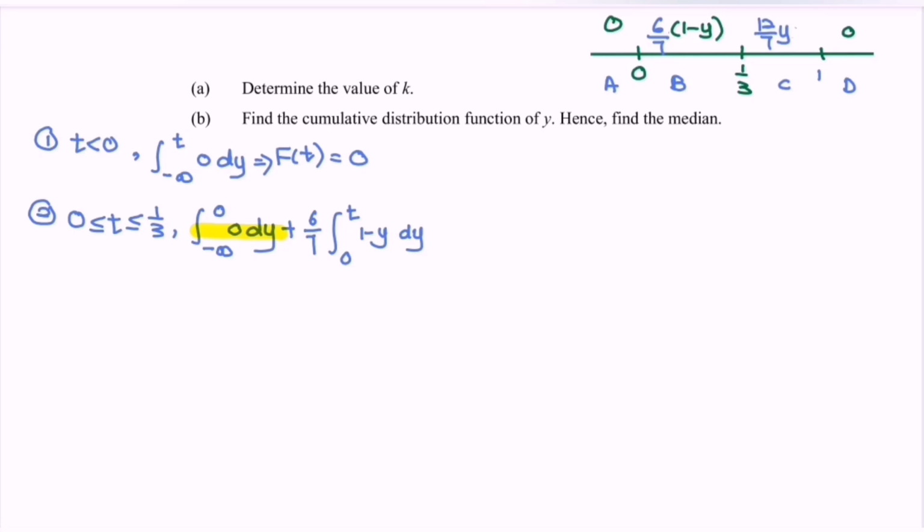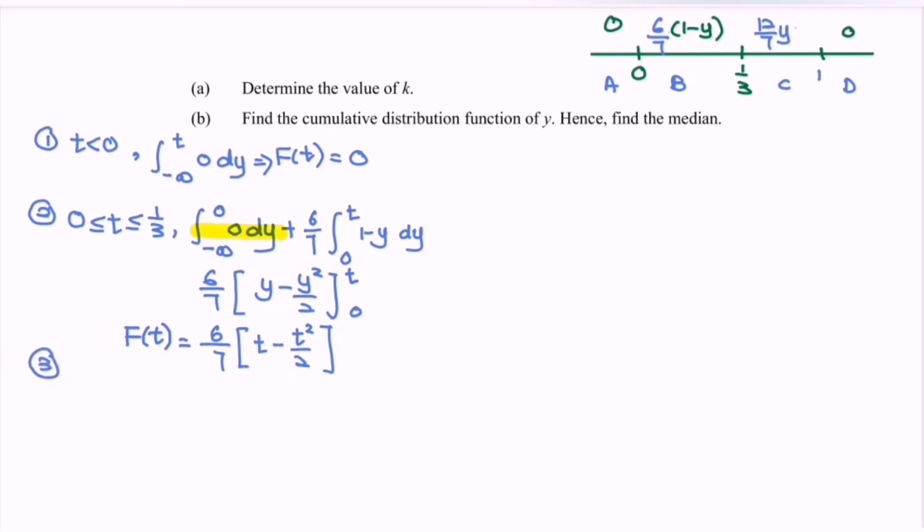If we integrate, we have 6/7 times the bracket of y minus y squared over 2, evaluated from 0 to t. Substituting t, we get t minus t squared over 2. Substituting 0, we get 0. So F(t) equals 6/7 times (t minus t squared over 2).